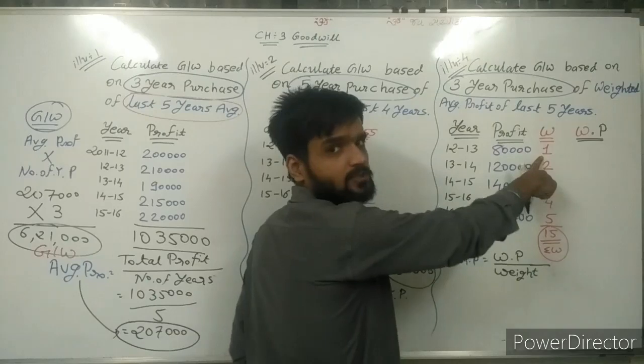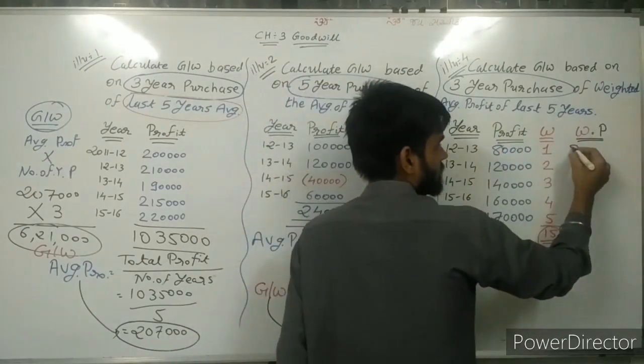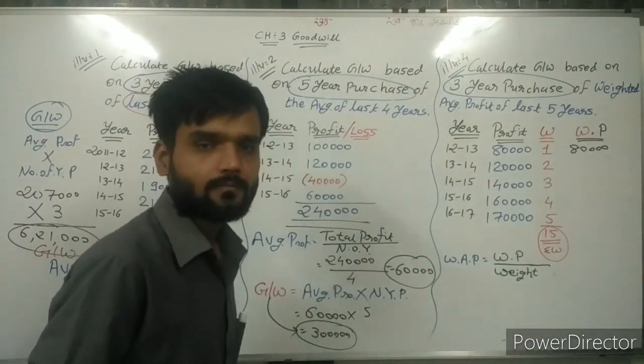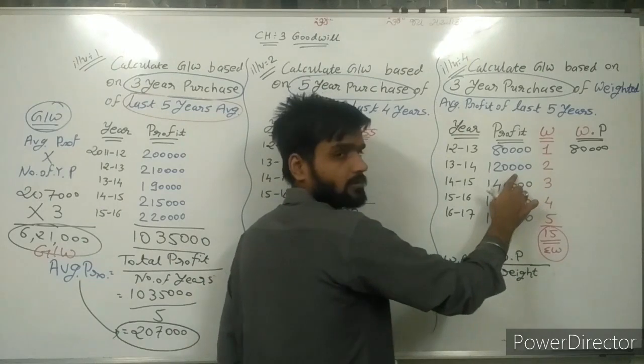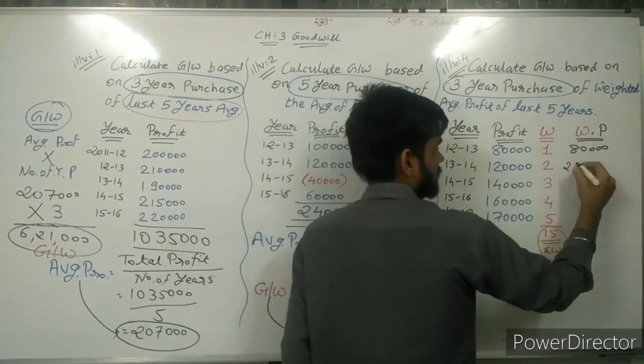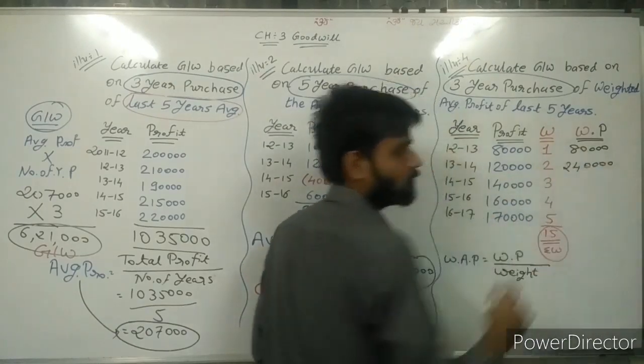So find weighted profit. This is the weight. Weight is 1, profit is 80,000. 1 into 80,000 is 80,000. Second, weight into profit: 2 into 1,20,000, that is 2 lakh 40,000.